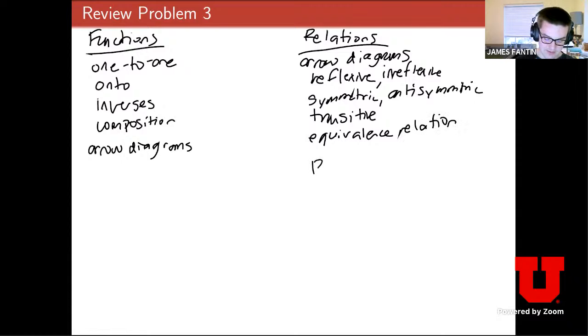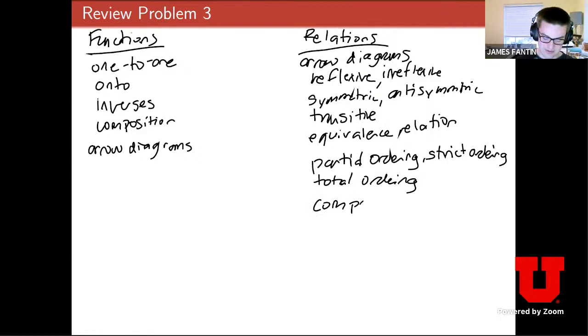And then we have the partial orderings, strict orderings, and total orderings. We also have relation composition.